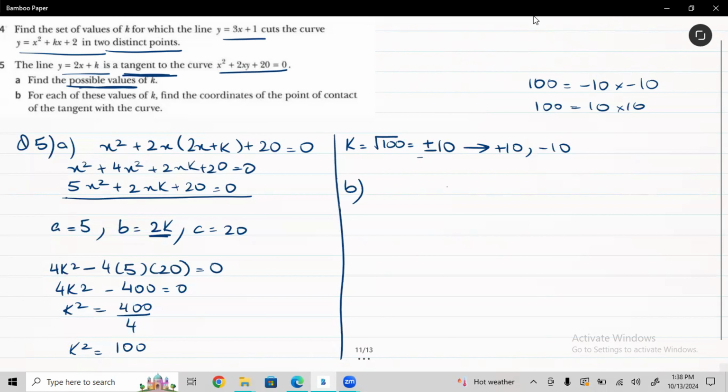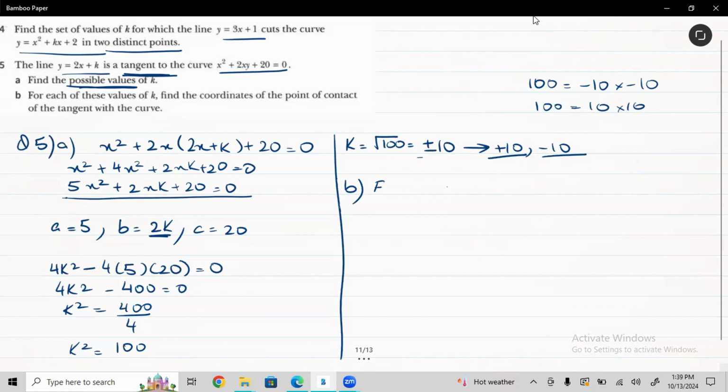Okay, for part B, what they've asked us is, for each of these values of k we have found, which are positive 10 and negative 10, to find the coordinates of the point of contact with the tangent. Meaning they're just asking us for the intersection coordinates for both of these values of k.